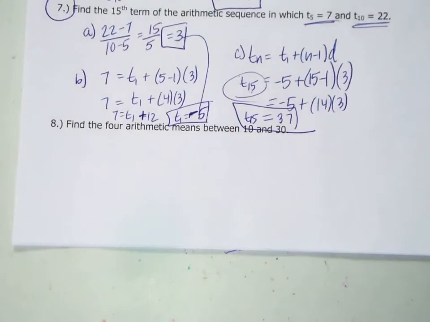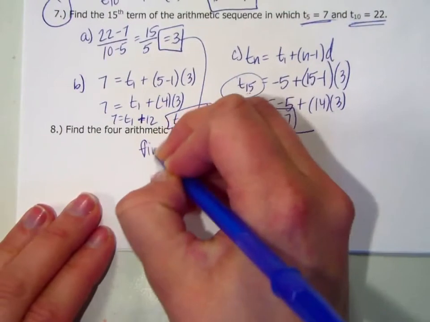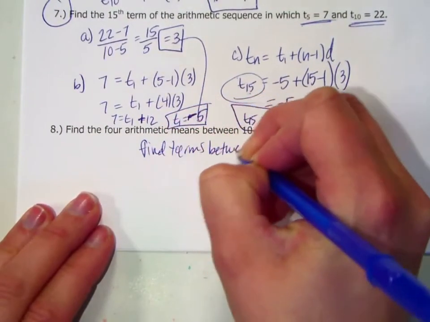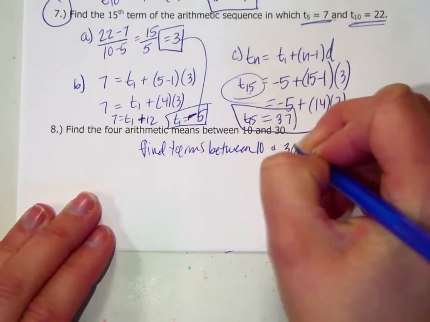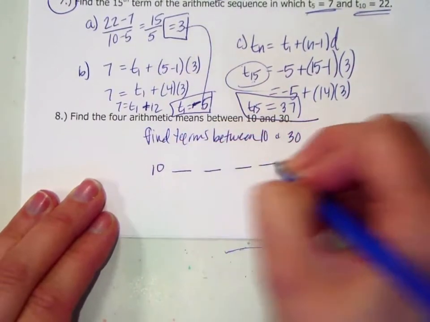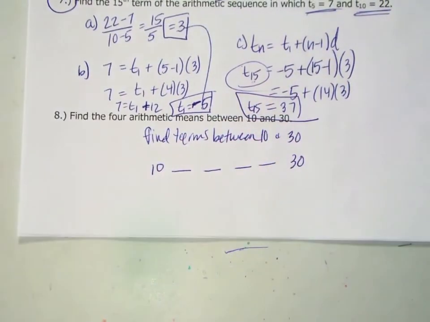Okay. Number 8. Find the 4 arithmetic means between 10 and 30. This just means find the terms between 10 and 30. So, actually, Ellie's idea of laying this out is exactly what we want to do for this type of problem.